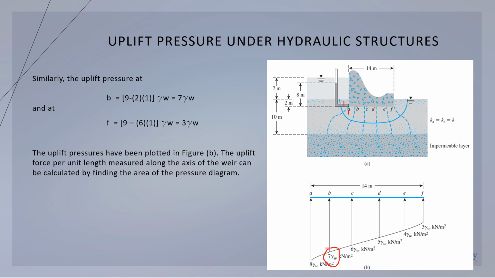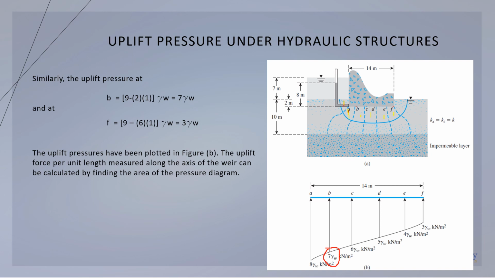So at point F, which is this one, let us count the number of equipotential drops that our water will have to pass through. Let us highlight in yellow. So we have 1, 2, 3, 4, 5, and then 6. So from the pressure head here that is equal to 9, we subtract 1, 2, 3, 4, 5, 6 times 1 meter of head loss.